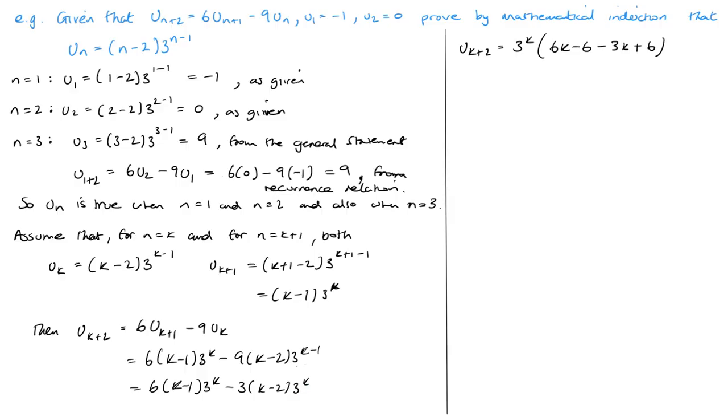So taking the 3 to the k out, I got 6k minus 6 minus 3k, and minus 3 times minus 2 is plus 6.